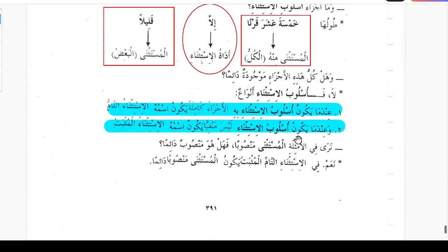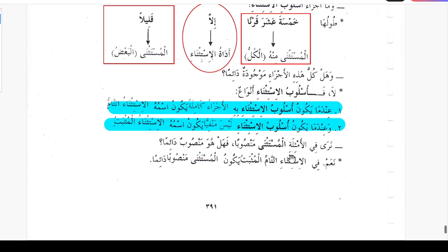And indama yakunu uslubul istisnai laysa manfiyan yakunu ismuhu al istisnaul musbatu. And when that style has no negation in it, it is called al istisnaul musbatu, the positive exception. So this sentence, which is not a negative sentence, is al istisnau tamul al musbatu.